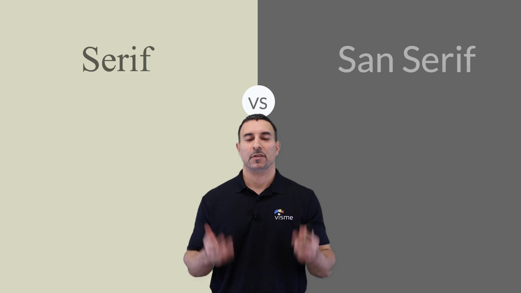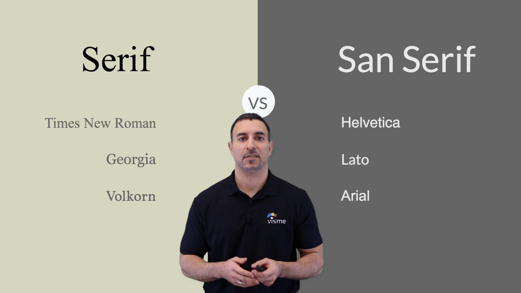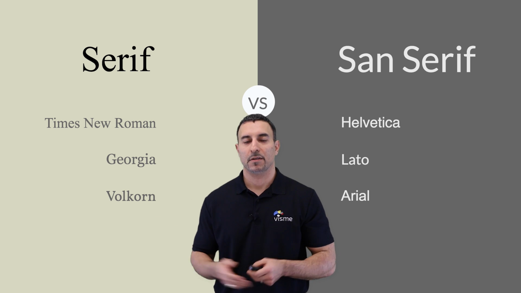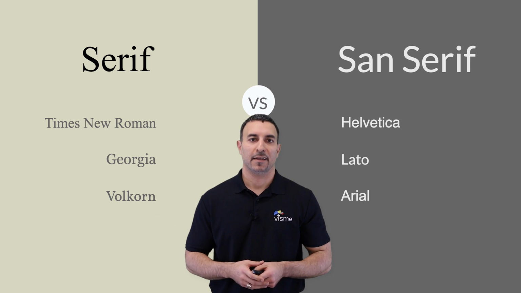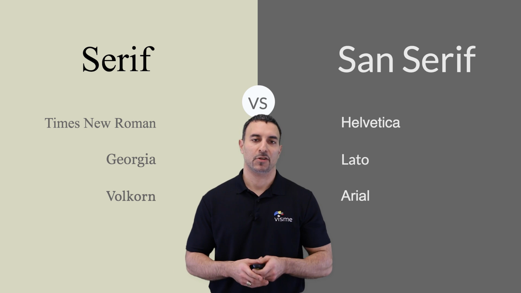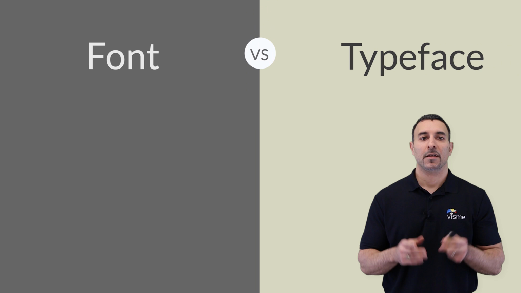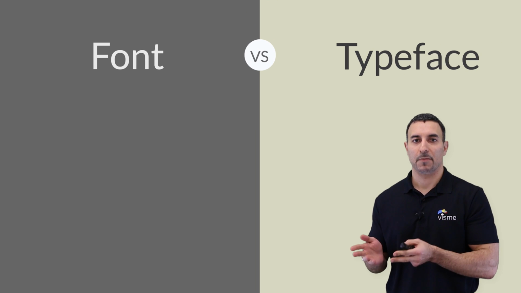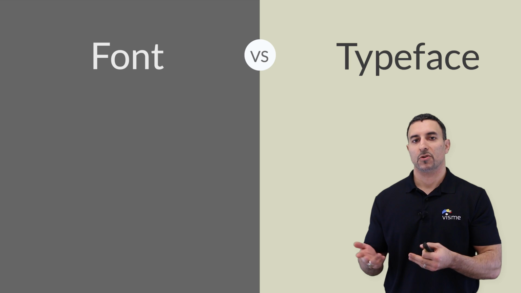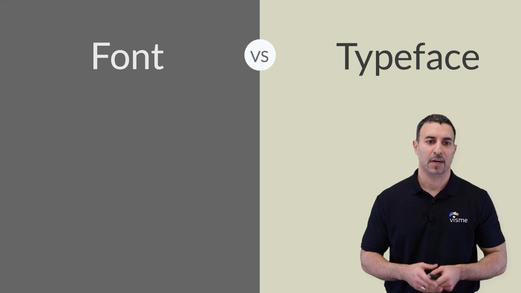Now let's talk about the difference between serif and sans serif in terms of actual fonts. Serif fonts are like Times New Roman and Georgia, and with sans serif you have Arial, Helvetica, Lato, and so on. Now, there's also fonts versus typefaces. We talked about fonts, there are hundreds of different fonts, but there are also typefaces. What are typefaces?